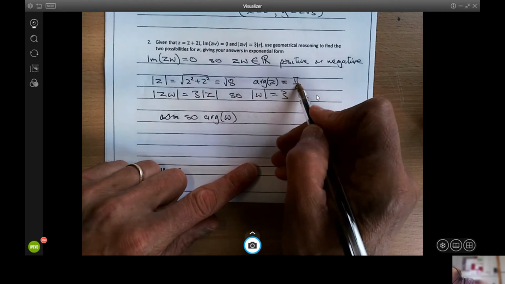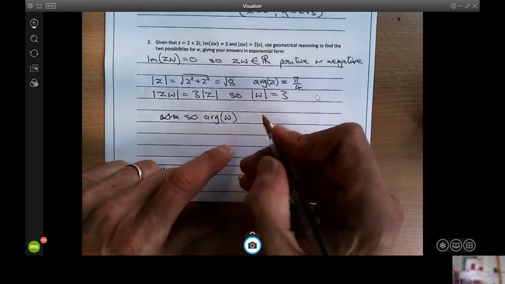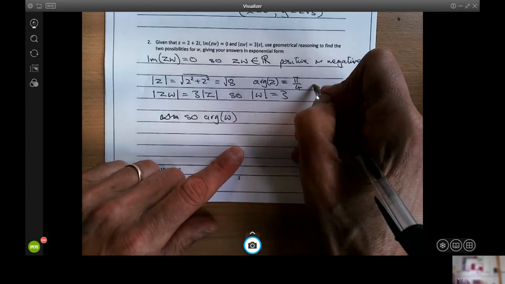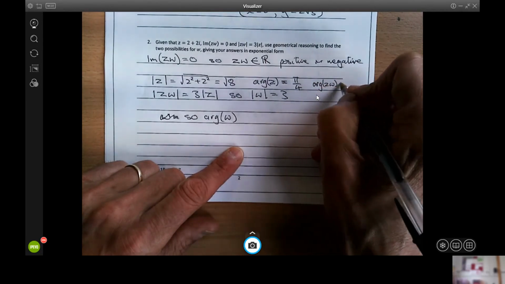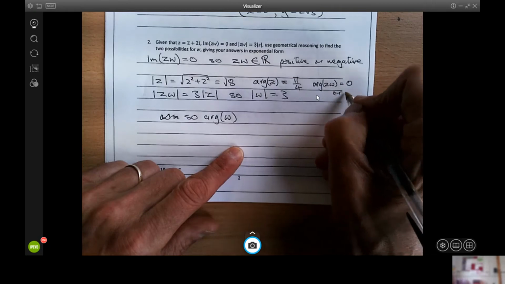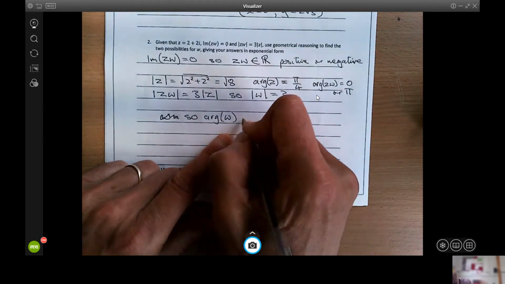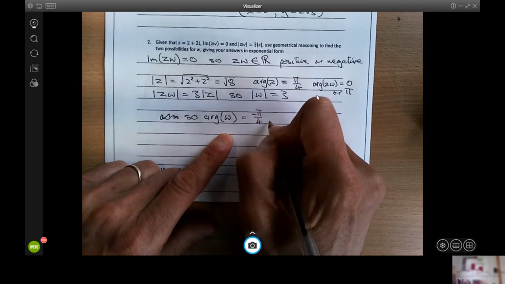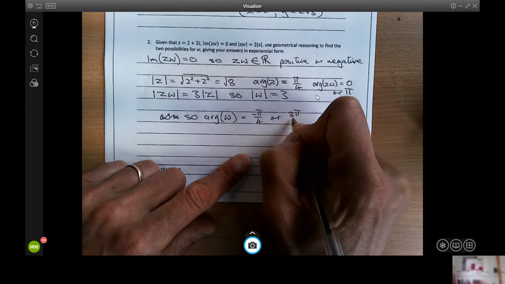That means that we want the argument of zw to be either 0 or pi. Let's write that down: arg zw is equal to 0 or pi radians. So we want arg of w to be equal to minus pi over 4 or 3 pi over 4.